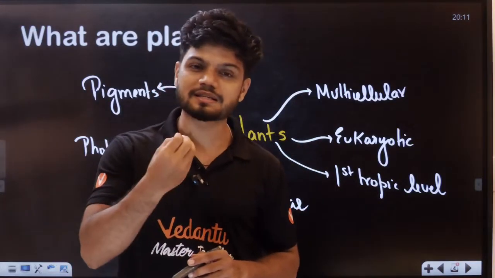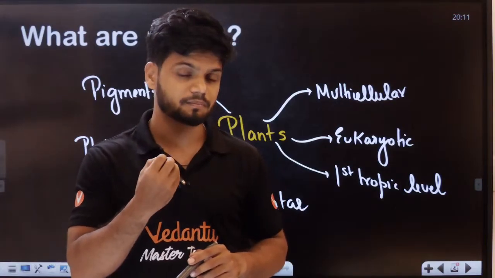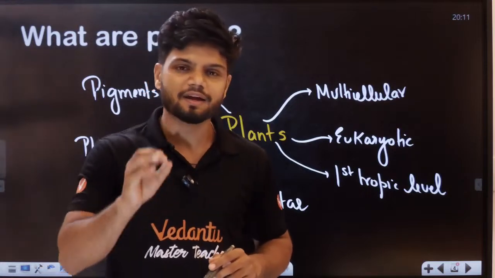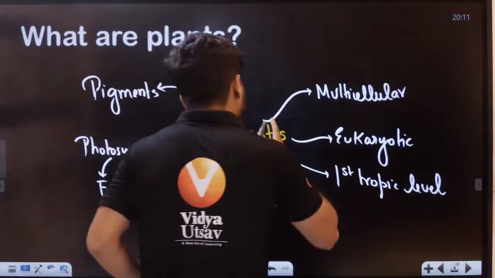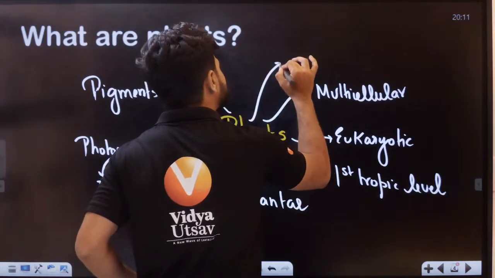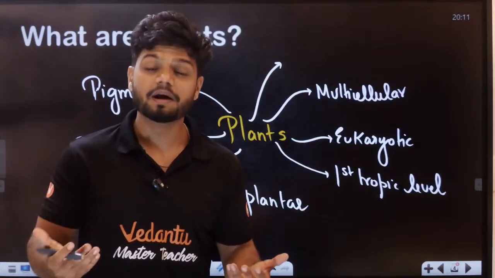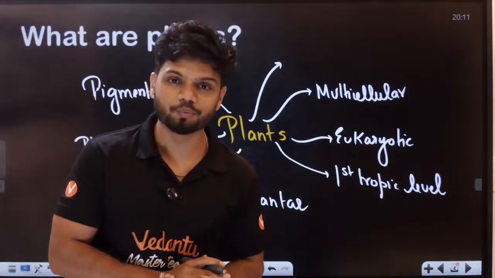plants give us something in return, no? See, we breathe in oxygen. Right? This oxygen comes from where? Can anyone tell me from where we get this oxygen? So, students, this is a misconception. We believe that the majority of our oxygen comes from trees, but it is not true.